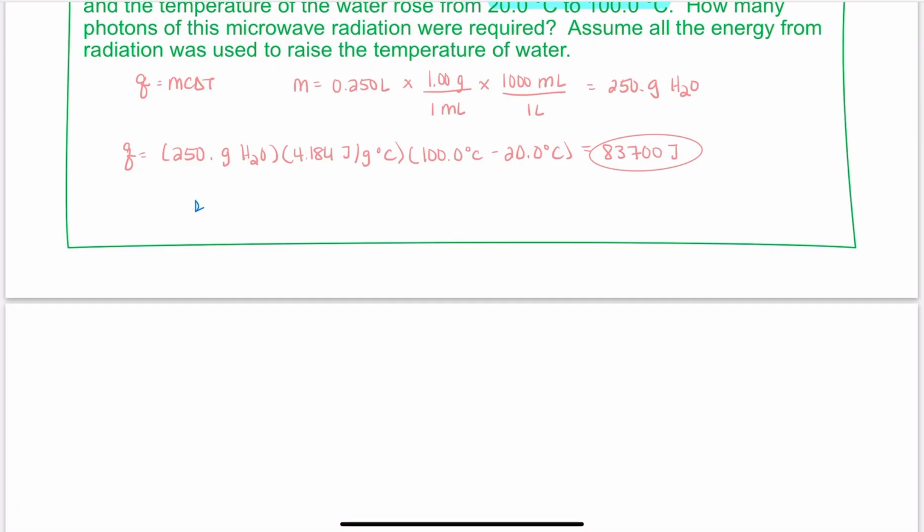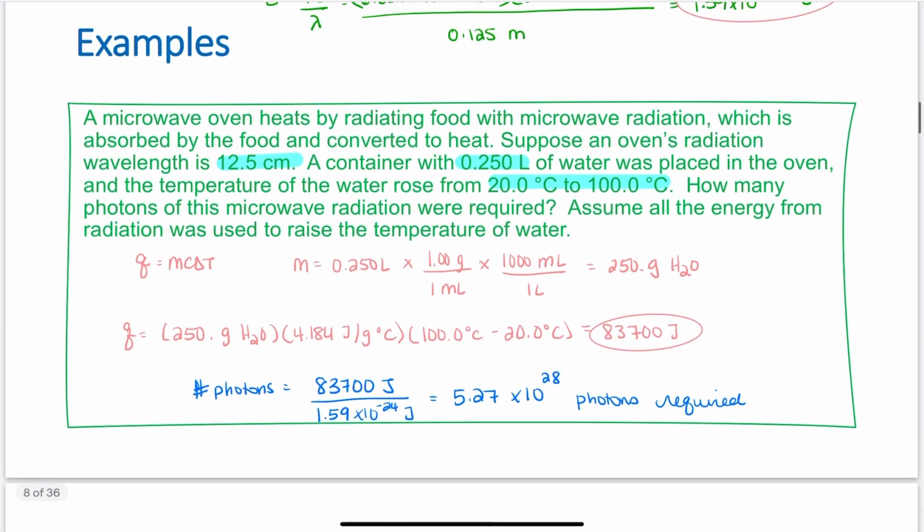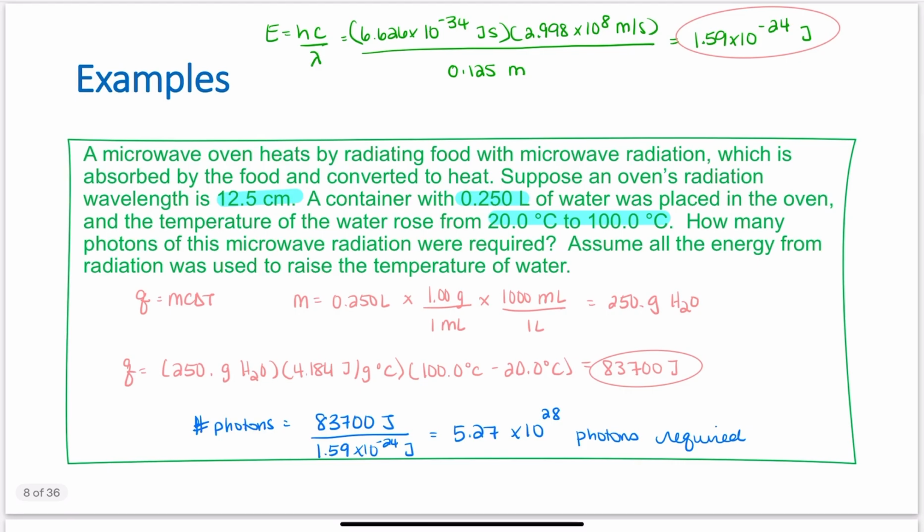But my number of photons here, 83,700 joules divided by 1.59 times 10 to the negative 24th joules gives me 5.27 times 10 to the 28th photons needed or required, whatever you want to say, required to complete this temperature change. It's a lot.